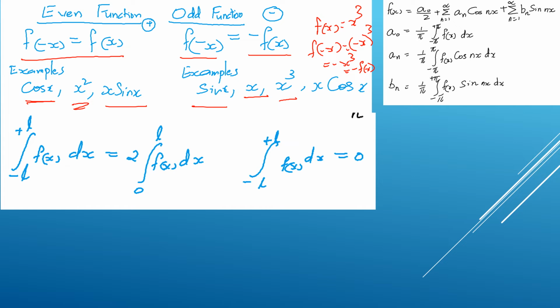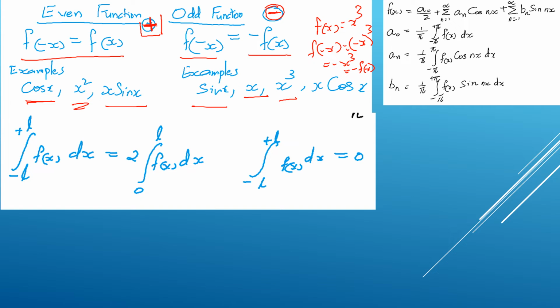Now, this is a trick. For an even function, you assign the symbol plus. For an odd function, you assign the symbol minus. How do we identify a product function as even or odd?